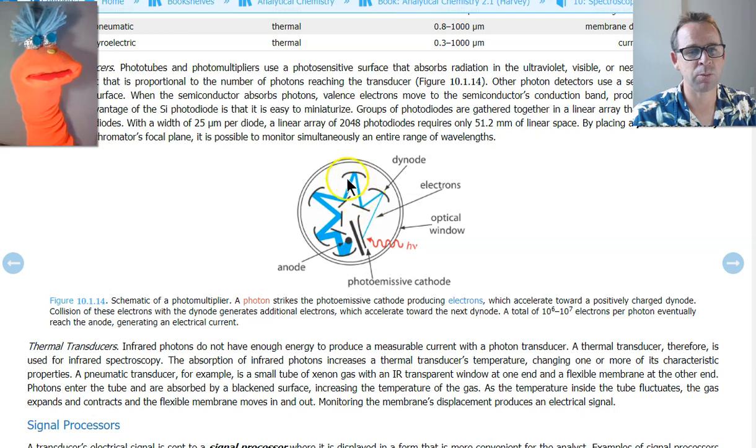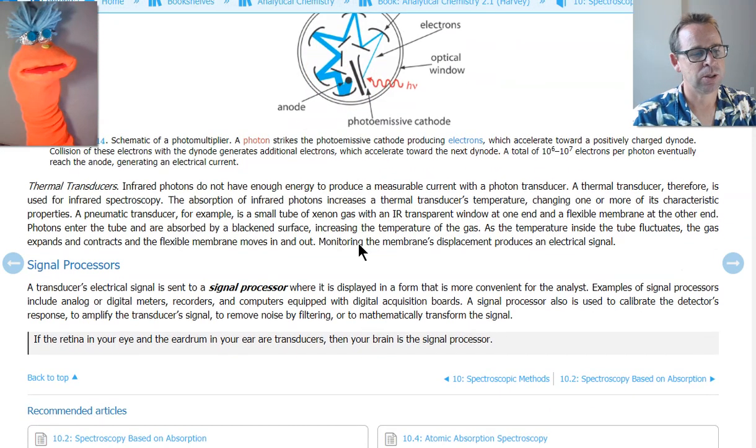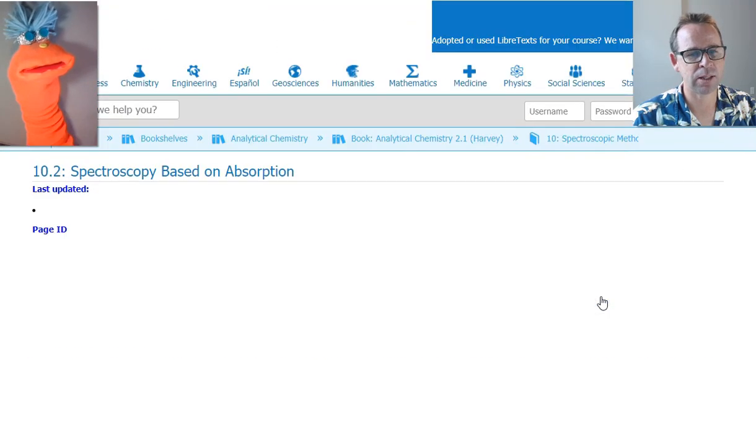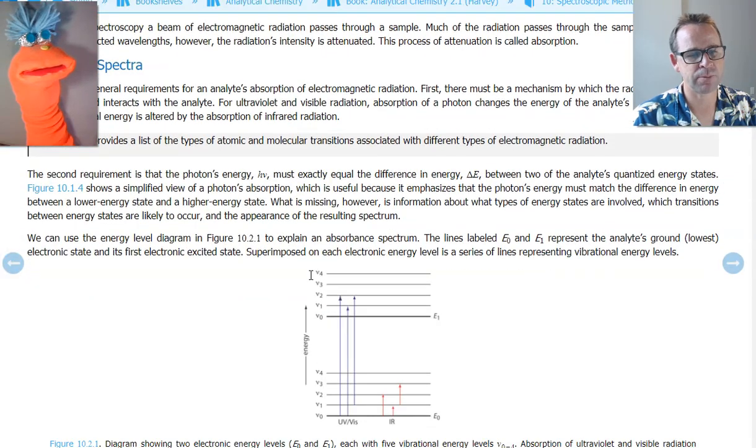And then we have mirrors that will allow this to bounce around. And in the end, you have a significantly increased amount of electrons jumping to your source from just a small amount of light. So a photomultiplier tube like this will allow very small signals to be measured in terms of current here, right? So very good.